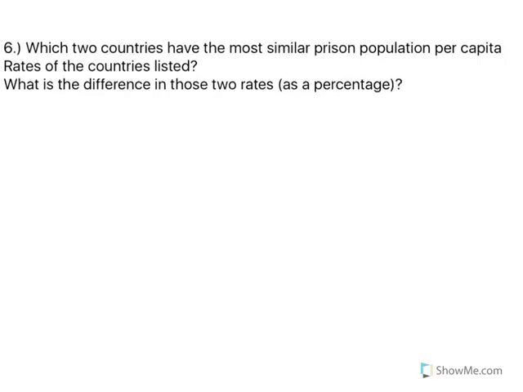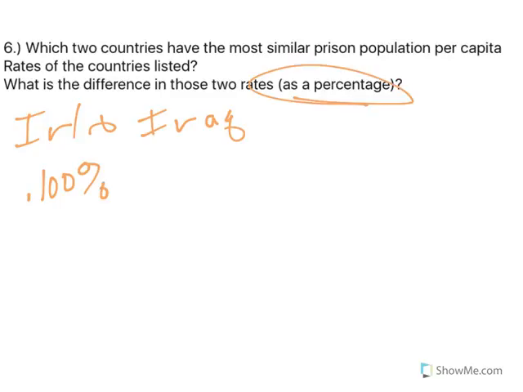Okay. So number 6, which two countries have the most similar prison populations per capita rates? Well, when I did this, I thought that Ireland and Iraq seemed to be the closest because Ireland has 0.100 in terms of percent, because this says as a percentage, and Iraq has 0.101%.